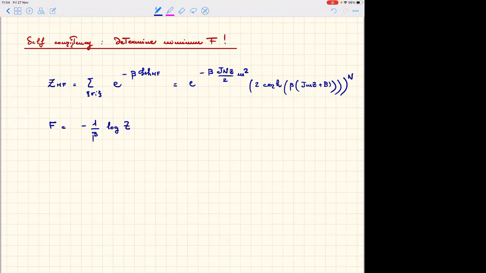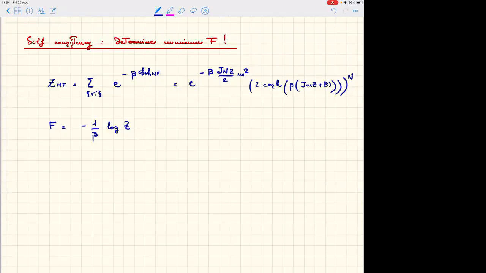And now I can try to find the minima of the free energy with respect to m. What is the magnetization m that minimizes the free energy? Why?